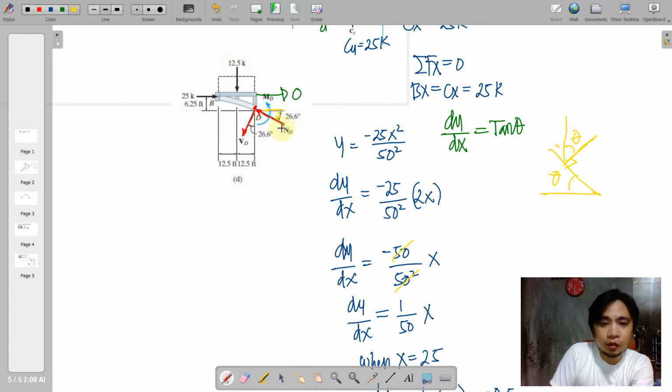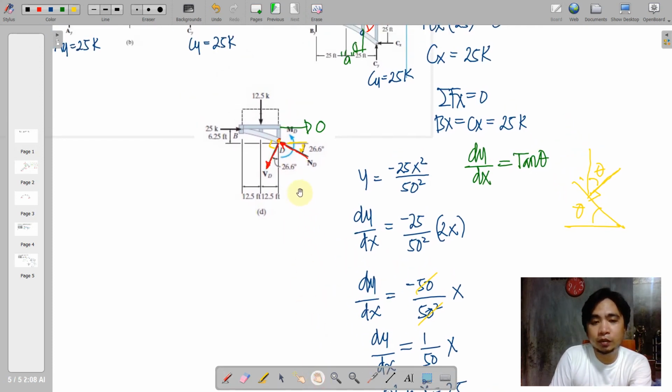So your normal at D is 26.6 degrees, and then remember that VD, or the shear at D, is actually perpendicular to your point D here, so that combining with the vertical line, this is also 26.6 degrees. So angle is very important to determine the components here, so that we can actually work with the unknowns.